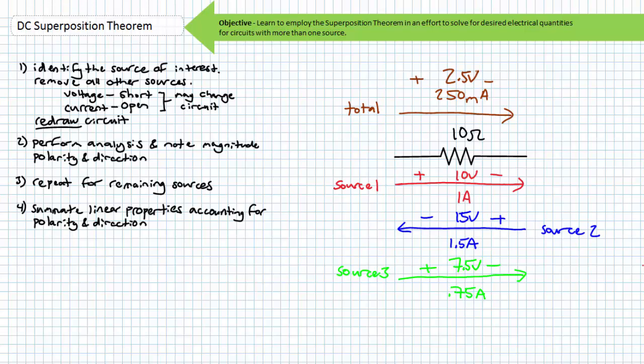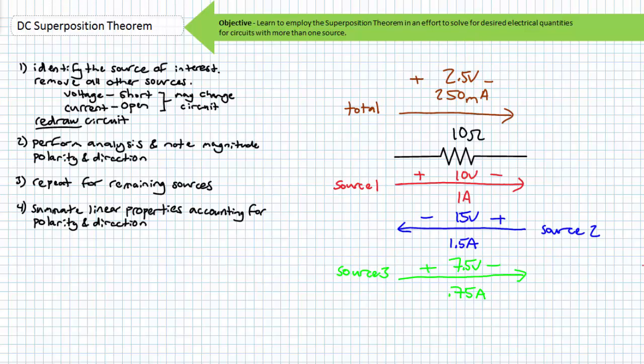Accounting for polarity, the summation of these individual voltage drops would mean this resistor would experience a 2.5-volt drop left to right. It is an act of sheer wrongness to suggest that this resistor would experience a 32.5-volt drop, accounting for polarity. A swat from your mama's firm but just hand will attest to this wrongness.